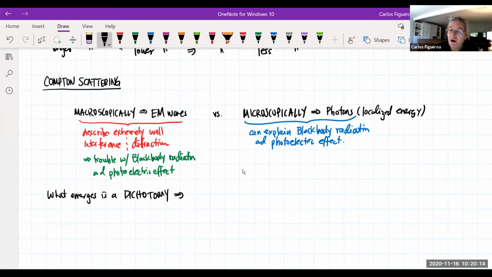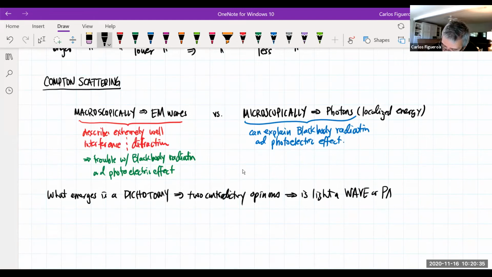It's two contradictory opinions. Right? It's two contradictory opinions. And what they keep saying here is light, a wave, or a particle?